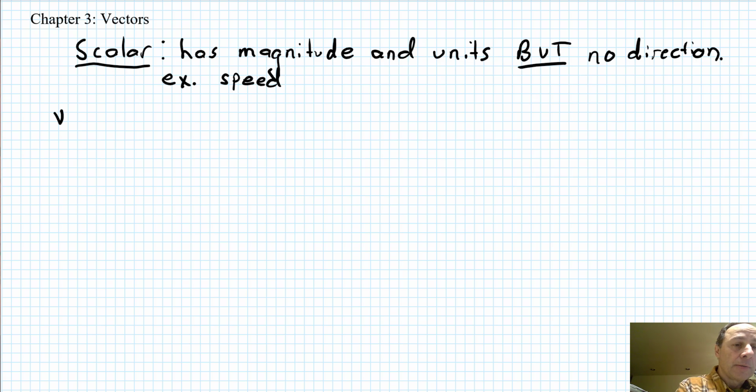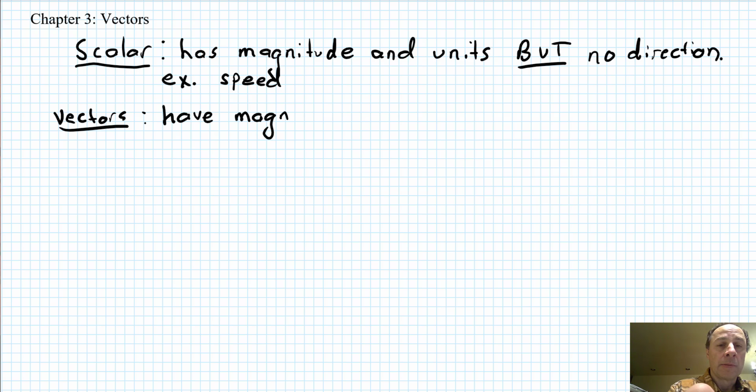Vectors have magnitude, direction, and units. They have it all.